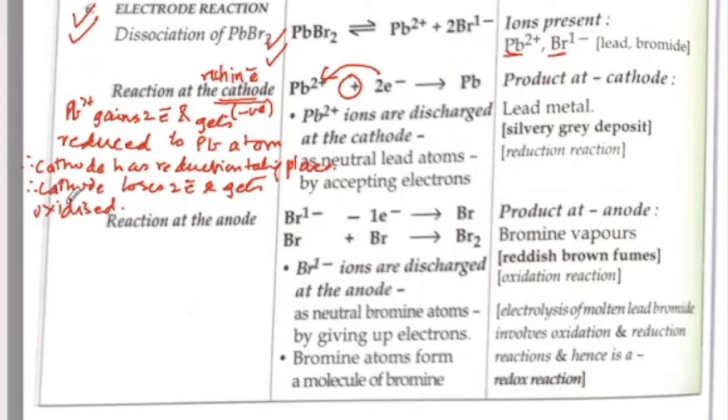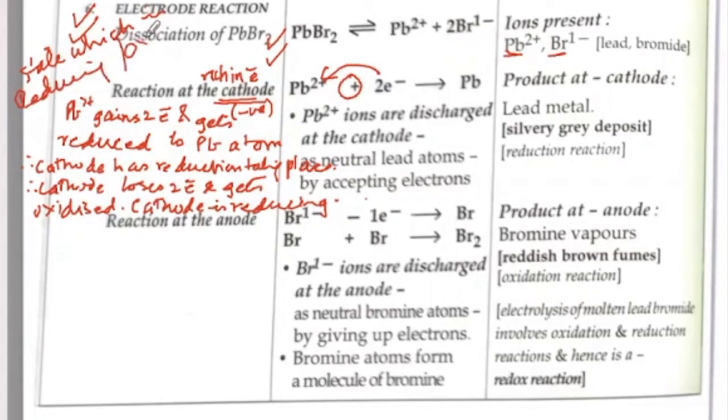So the cathode is a reducing electrode. Please write electrode over there. Reducing electrode. All right. So these ones are important. They will ask you to state which is reducing or oxidizing. Right in the margin here you have sufficient place.